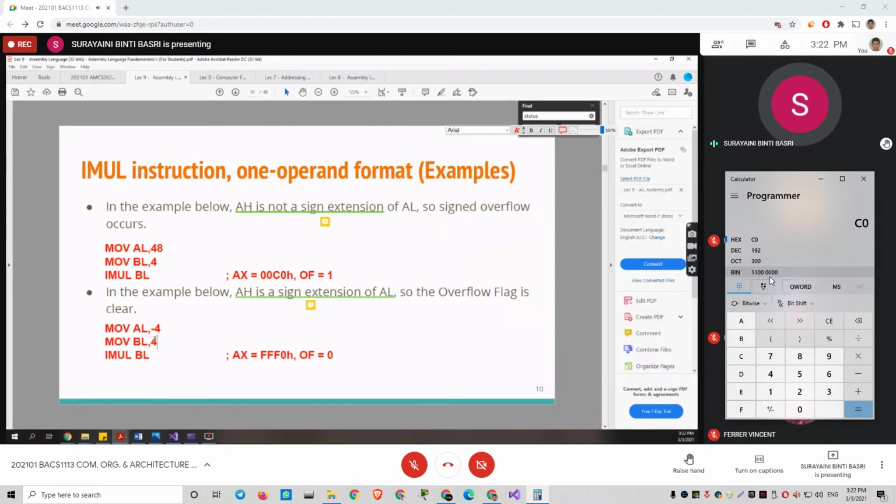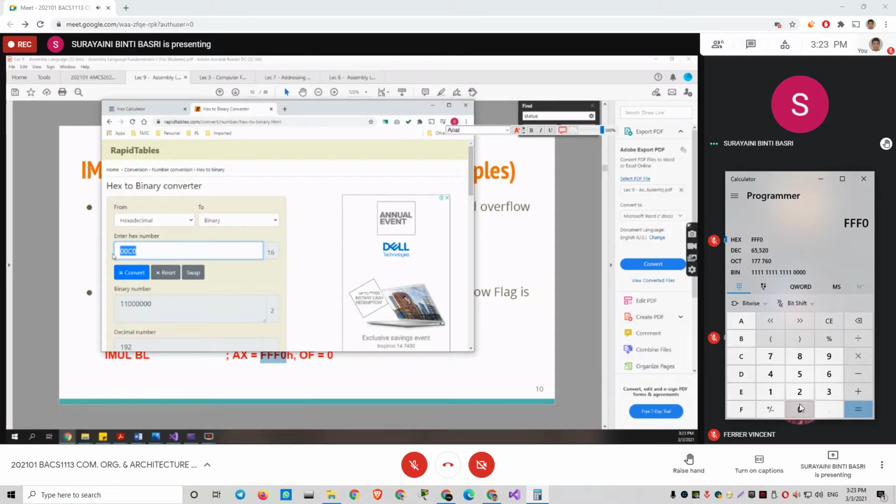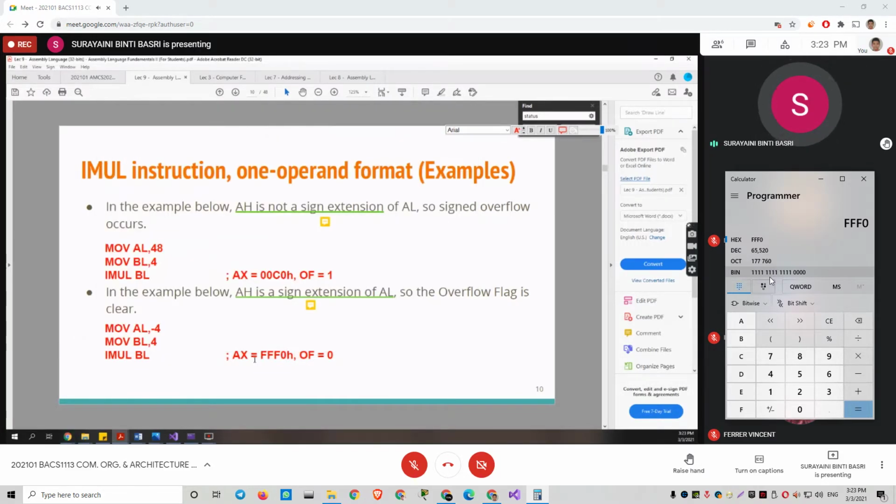In the second example, the AH is occupied. If we copy paste this and convert it into binary, it will be over 8 bits, which means the AH part is occupied. So when the AH part is occupied, the overflow flag is 0. This is opposite to the carry flag just now.